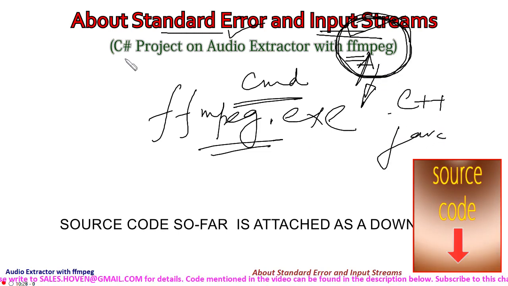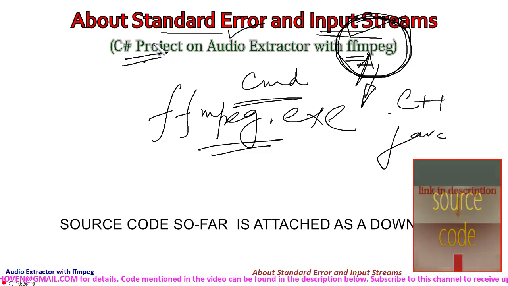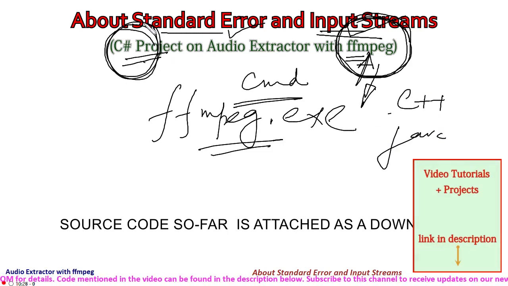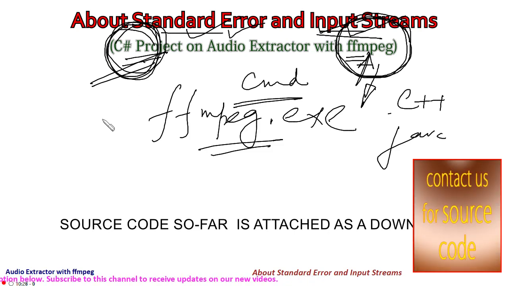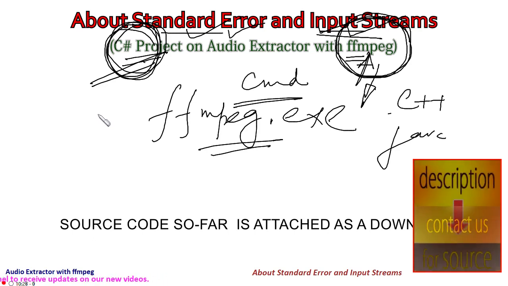Right now our objective is to learn how to communicate with FFmpeg using standard error and input streams in the context of the C# language. So this is the point of this tutorial, and let's now go through all the steps.